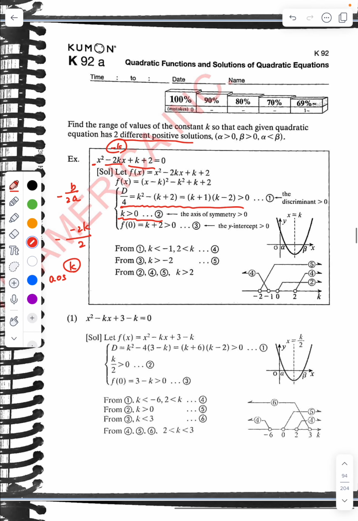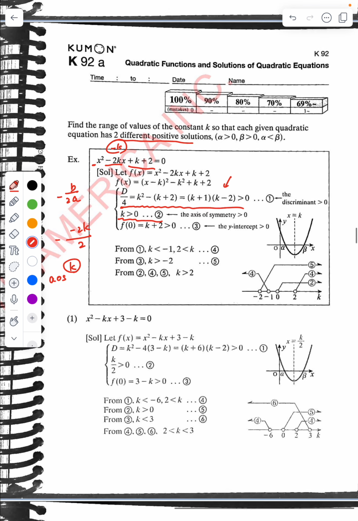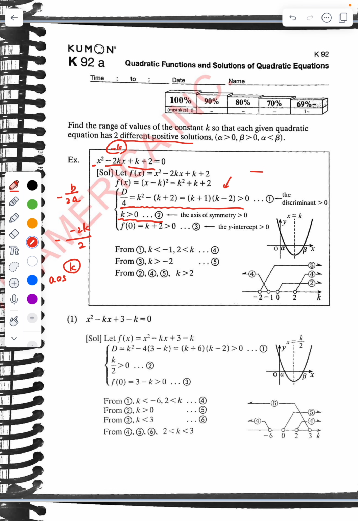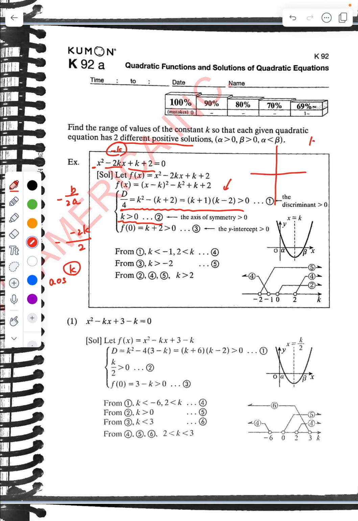So how do I analyze this? This is actually quite simple. If you draw a little graph here, we have negative 1 and 2. But remember, this graph specifically is dealing with k. This is how my graph potentially looks.